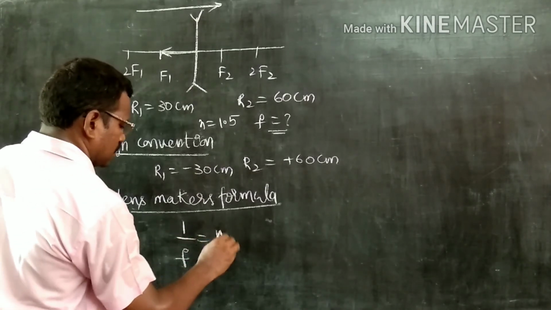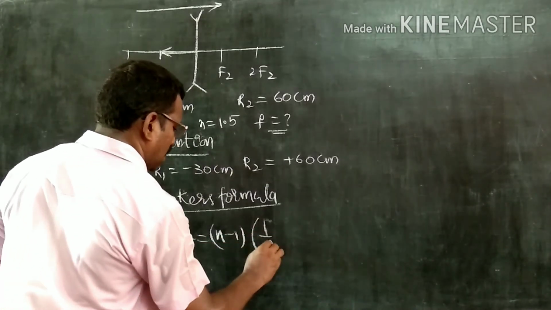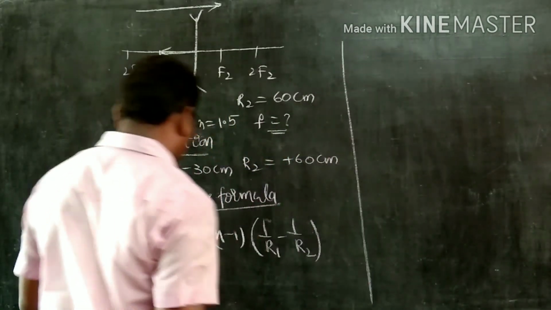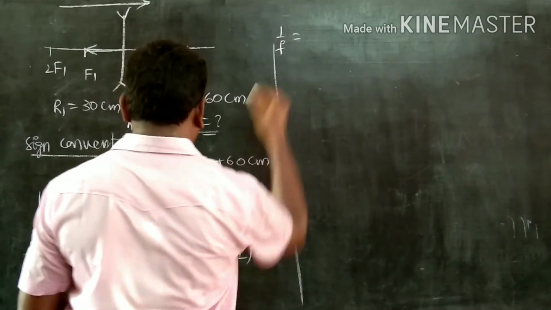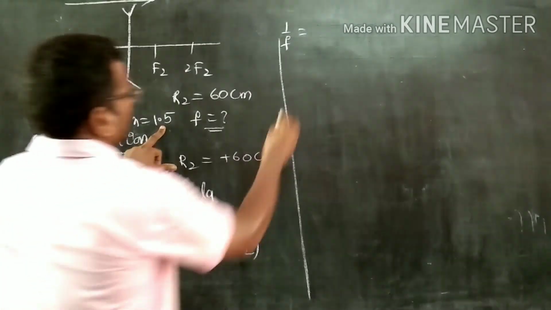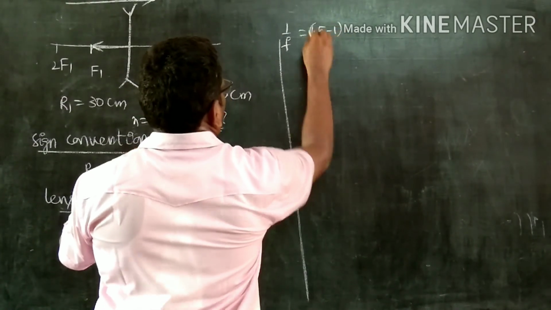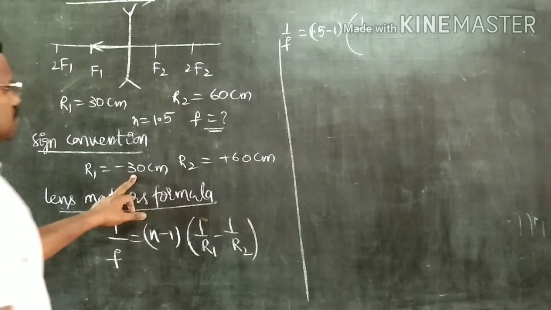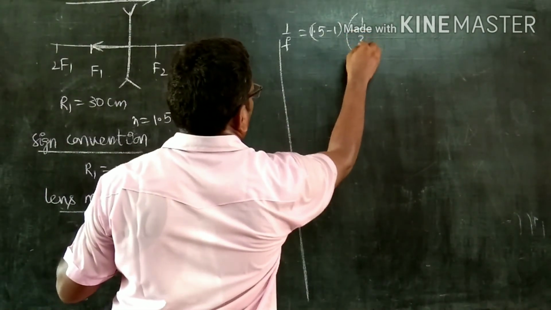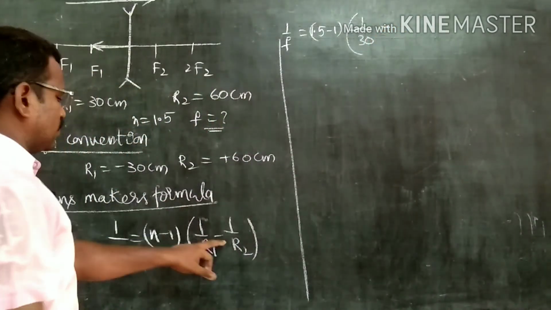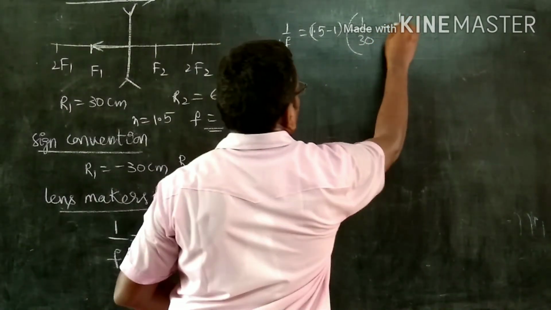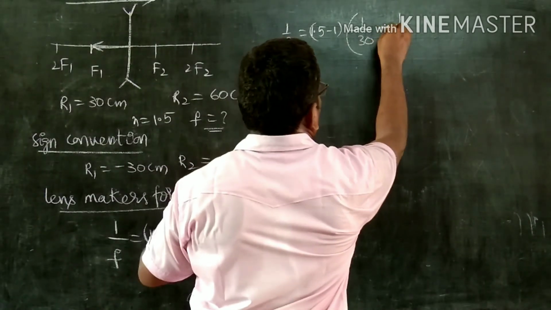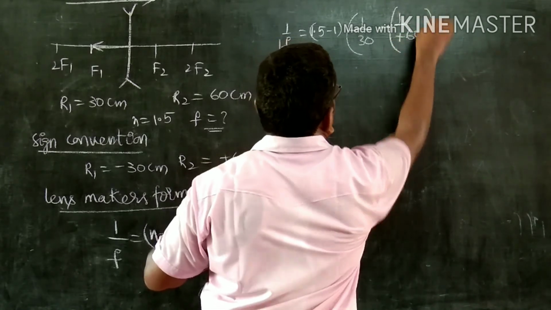1 by f is equal to n minus 1 of 1 by R1 minus 1 by R2. By applying these conditions, 1 by f is equal to the n value 1.5, so 1.5 minus 1 of 1 by R1, the R1 value can be written as minus 30, so minus 1 by 30, minus, as per the formula minus is there, now it becomes 1 by R2, the R2 value can be taken as plus, so we can write minus of plus 1 by 60.